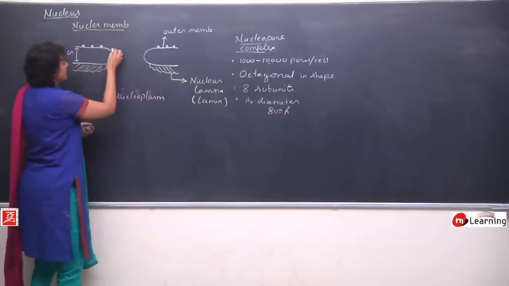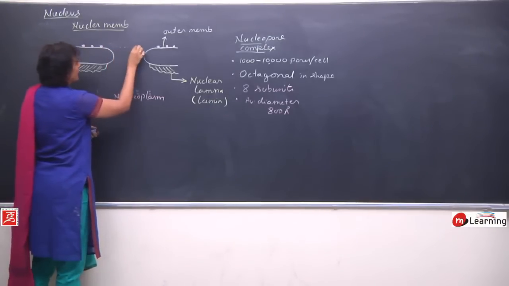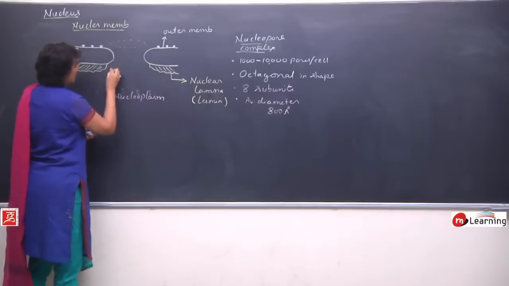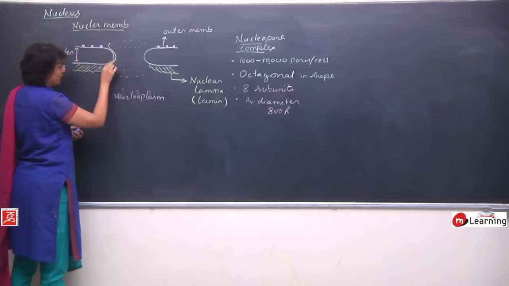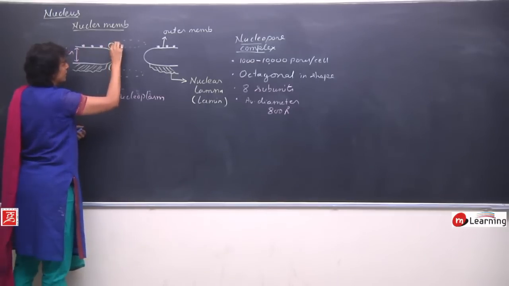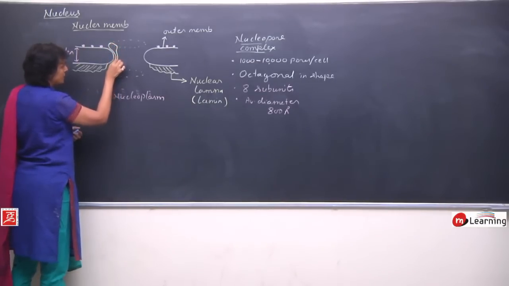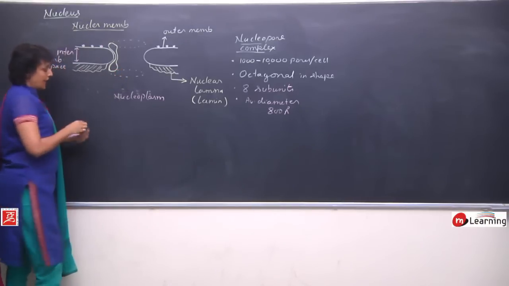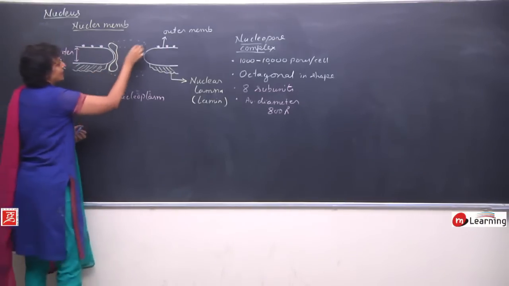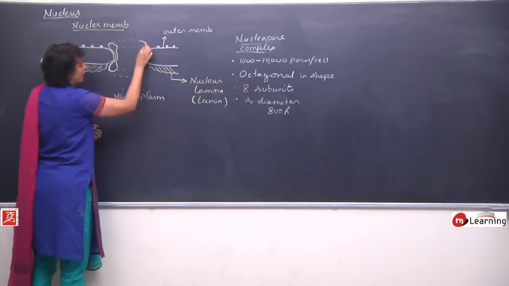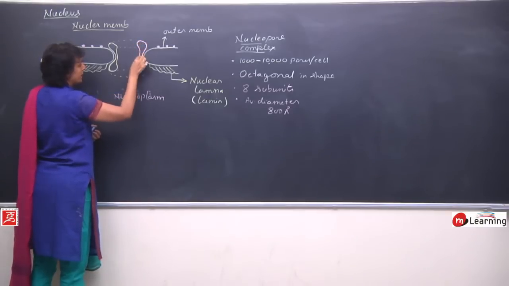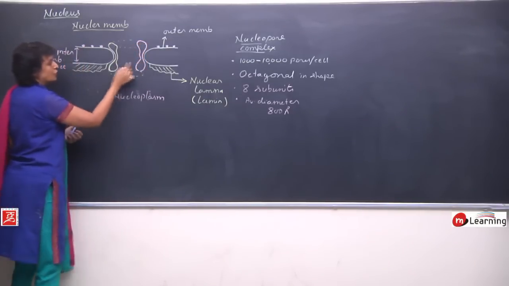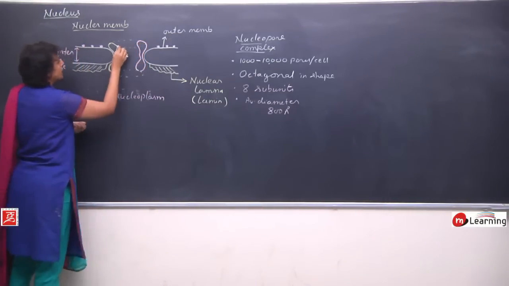So now let us see what exactly is this nuclear pore complex that we are talking of. This is made up of a circular structure, and this circular structure has a bulge here, it becomes narrow and again a bulge here. And there are 8 such things. We have drawn 2, there would be one more here.